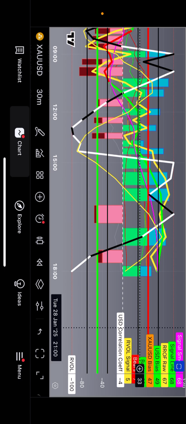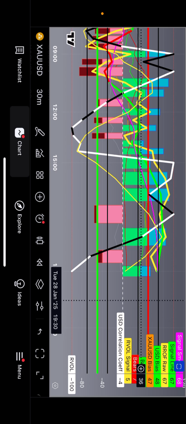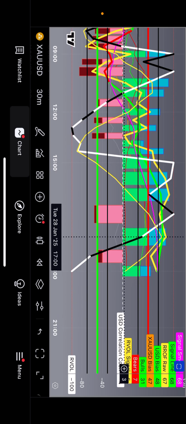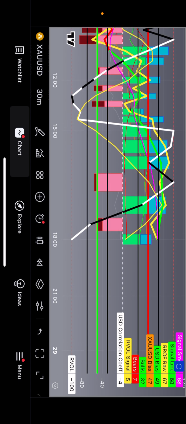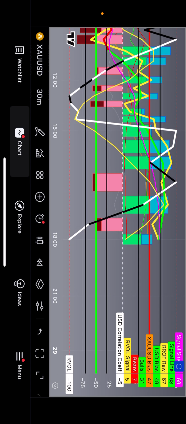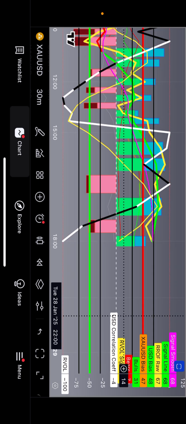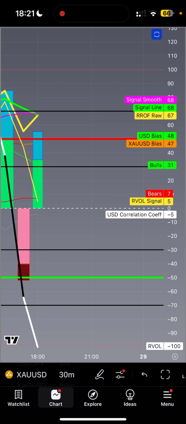As you can tell here, we are still having an uprising momentum, but we don't have the volume to support the continuation on the 30 minutes.